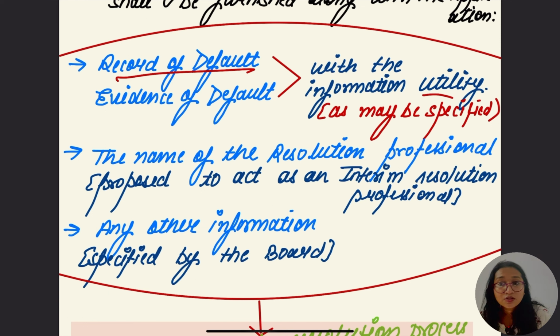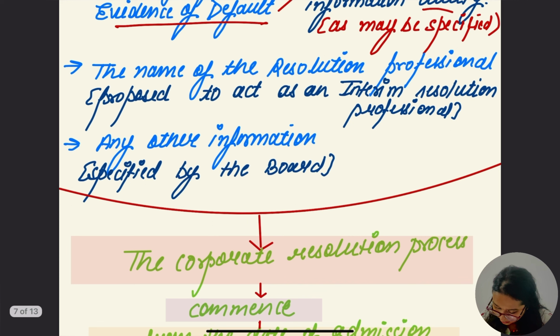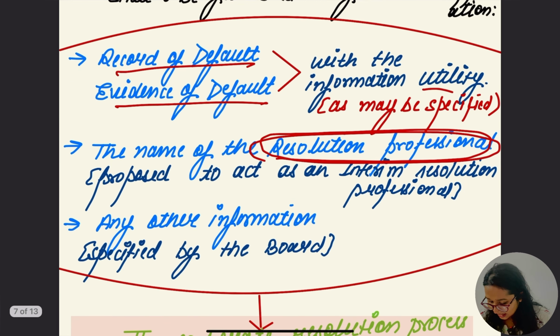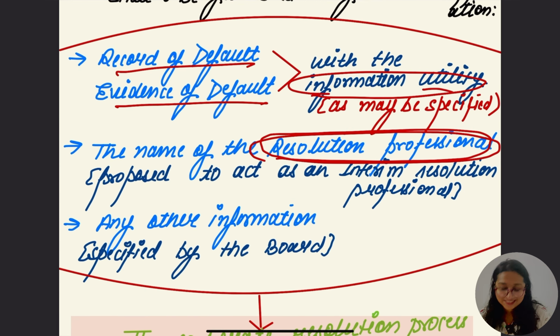Second, evidence of default with the information utility. First, the record of default and evidence of default with the information utility which is specified. Second, the name of the resolution professional. Now you will find this similar to the mechanism we mentioned earlier: the information utility and the resolution professional.